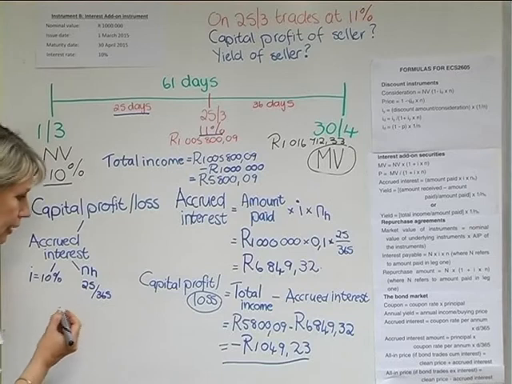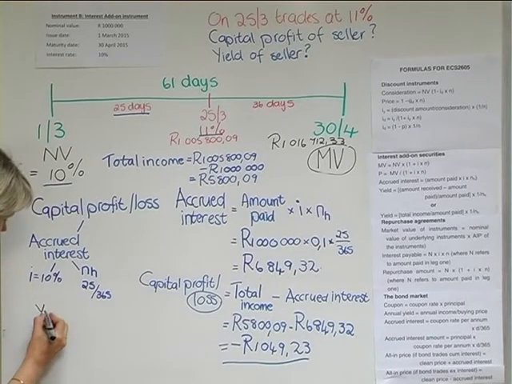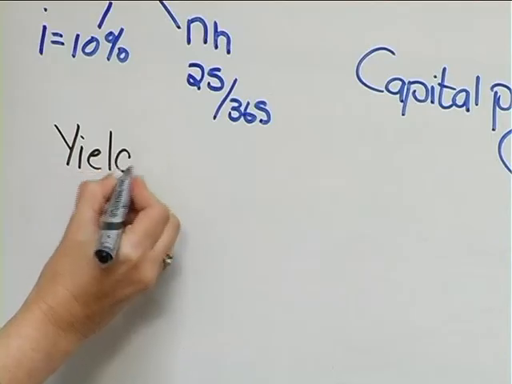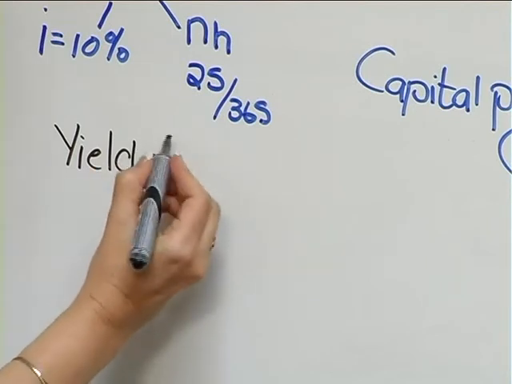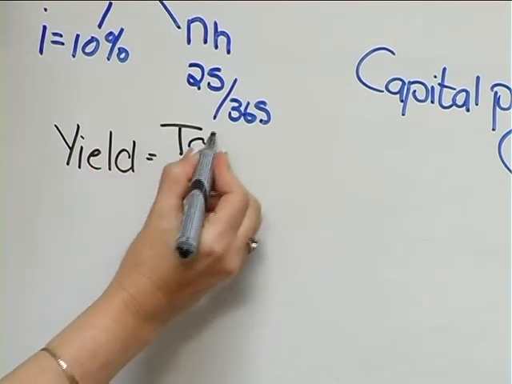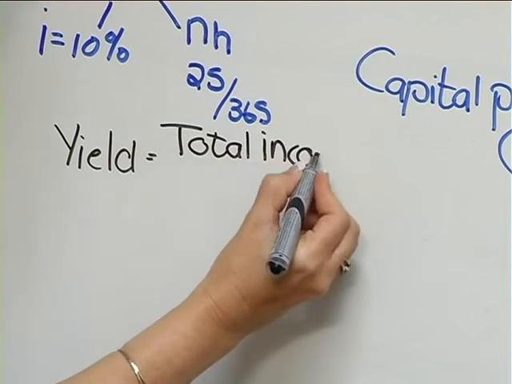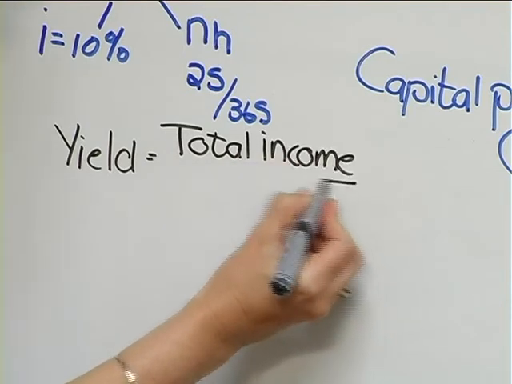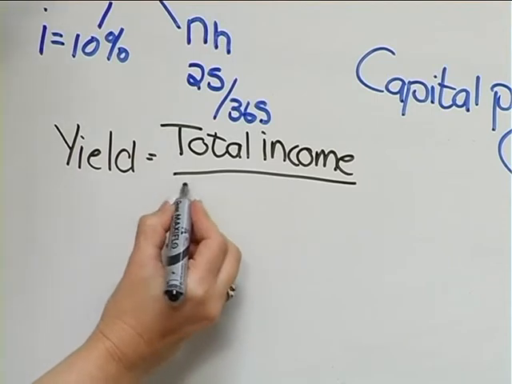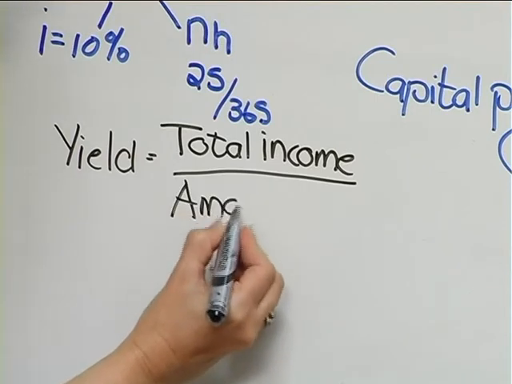Now, yield is always calculated as the total income from whatever the instrument is, divided by the amount paid.